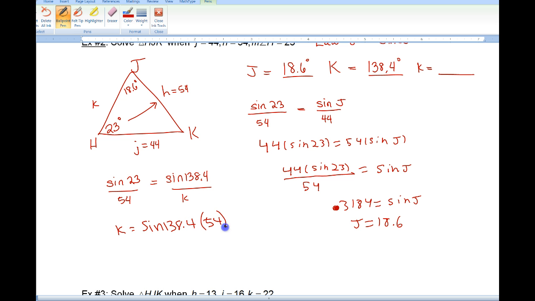Wait, how'd you get 138.4? It should be a big answer because look how small these angle measures were. I got 14.